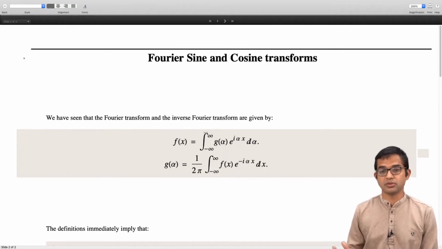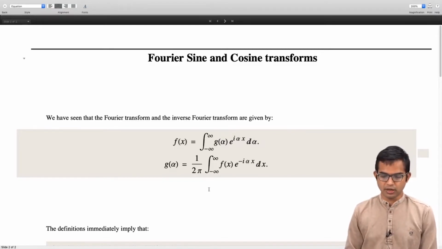Sometimes you may find 1 over 2 pi in the definition of f of x and so on, right? So it doesn't matter. There's nothing sacrosanct about what definition you use. The important thing is, of course, to be consistent. If you define the Fourier transform in a certain way, that immediately fixes what the inverse Fourier transform must be.